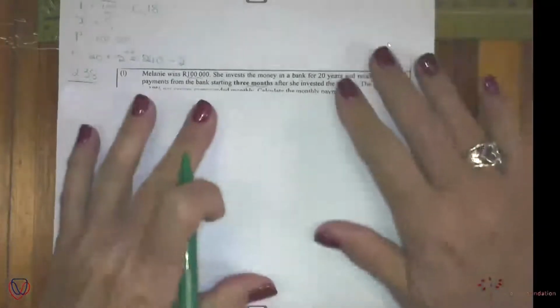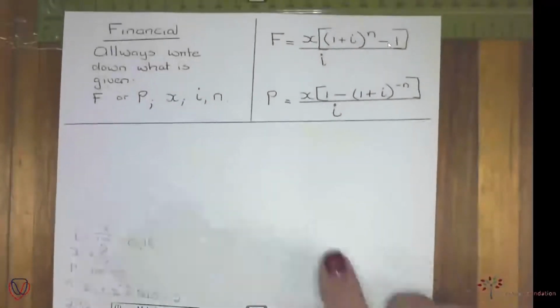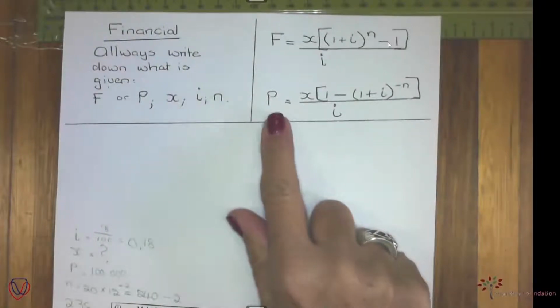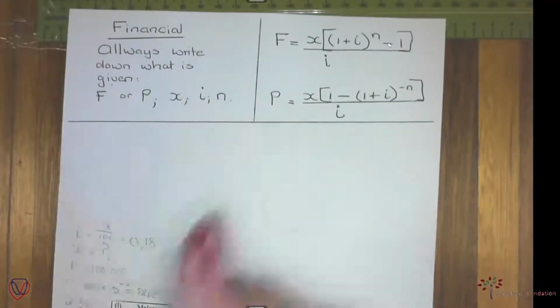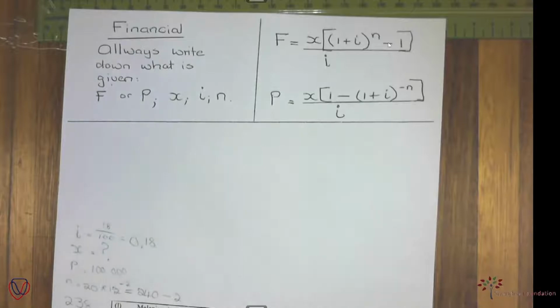But Melanie invested money, and they had to pay her back. But it's the same formula that you're going to use for a loan. So it's the P formula. Now the P formula, let's go back to the formula there, looks like that. That is the formula for a loan or an investment of which you get interest. Have you got that, people?